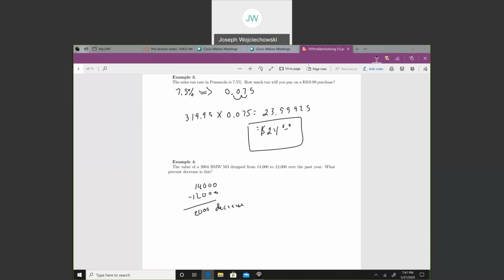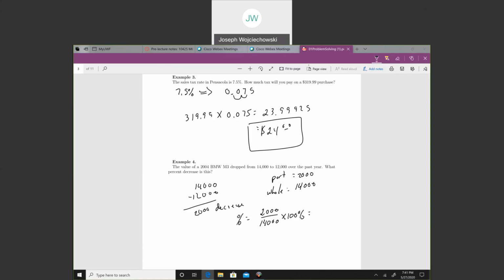So the part is 2,000. The whole is the original 14,000. So we simply have 2,000, our percent equals 2,000 over 14,000 times our 100%.